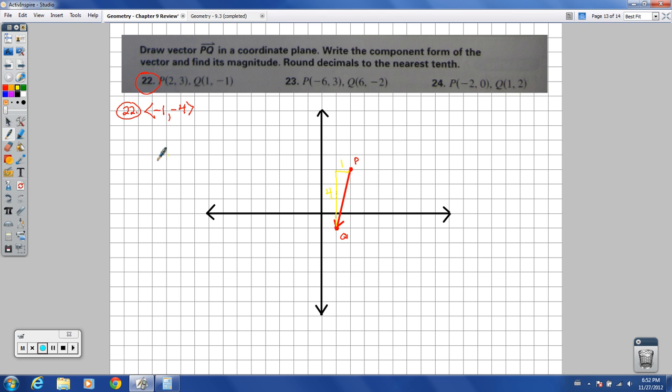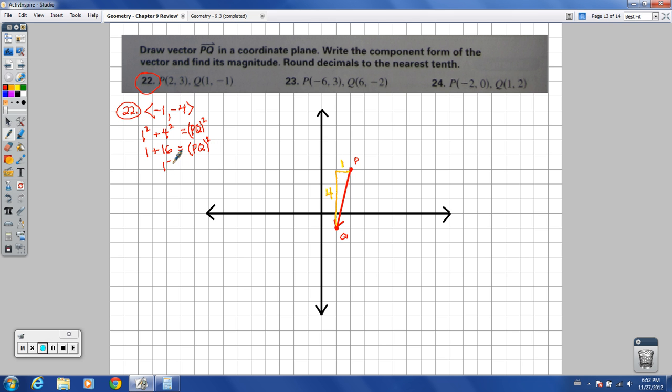So you're doing 1 squared plus 4 squared equals, let's put this in orange, it's a little easier to see. Red is still the vector right there. That would equal your PQ squared. So this becomes 1, this is 16.